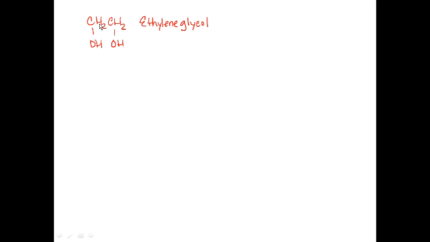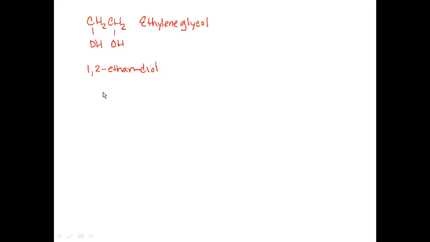But this ethylene glycol's IUPAC name would, in the older system, have been 1,2-ethanediol, simply because that tells you you've got a 2-carbon chain, and the OH groups are attached to carbon 1 and carbon 2. And it's important, again, to have 2 numbers whenever you use the di as a prefix.